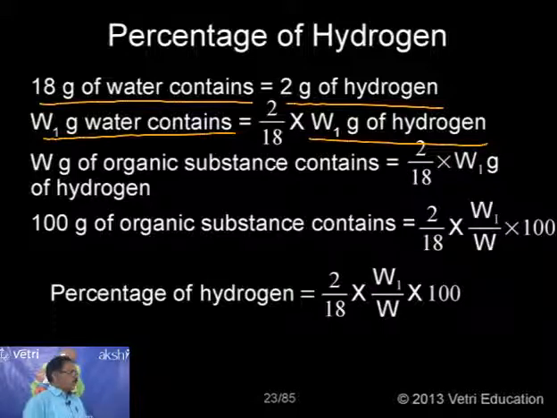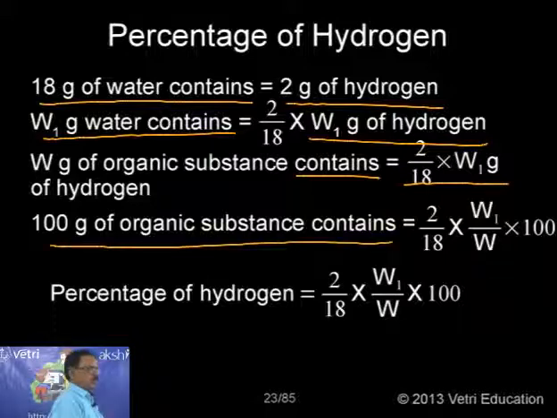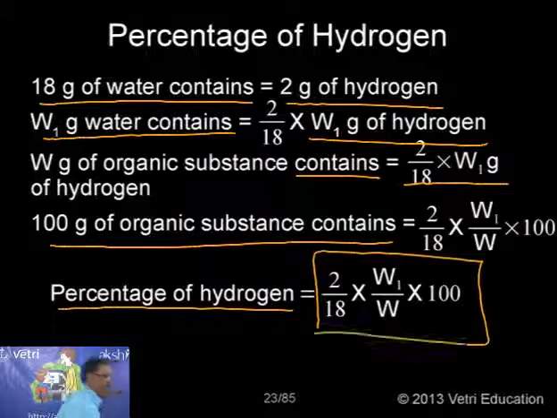I have used W grams of organic substance, so W grams of organic substance contains 2 by 18 into W1 gram of hydrogen. So 100 grams of organic substance contains 2 by 18 into W1 by W into 100. That's nothing but the percentage of hydrogen, equal to 2 by 18 into W1 by W into 100, where W1 is the weight of water formed and W is the amount of organic substance used.